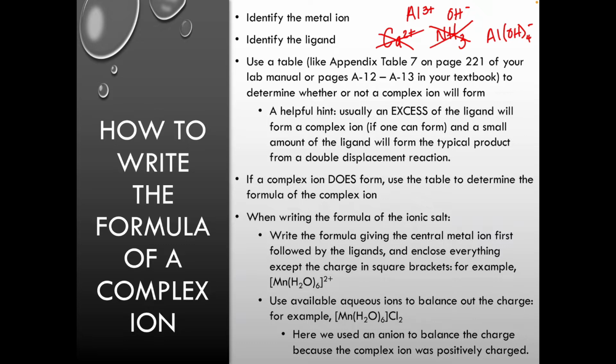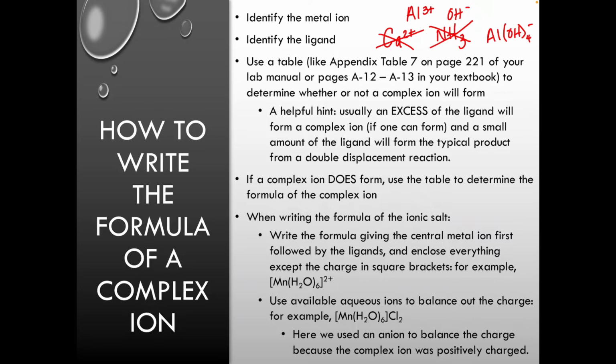When you're trying to figure out if a complex ion will form or not, a really helpful hint is to see if you have an excess of the ligand. A lot of times in this class, I will specify whether you have a small amount of your reagent or an excess of your reagent, right? Maybe you're only adding a small amount of ammonia, or you're going to add an excess of ammonia.